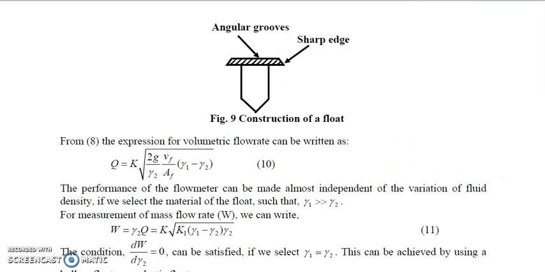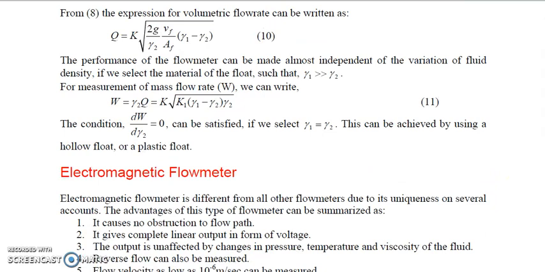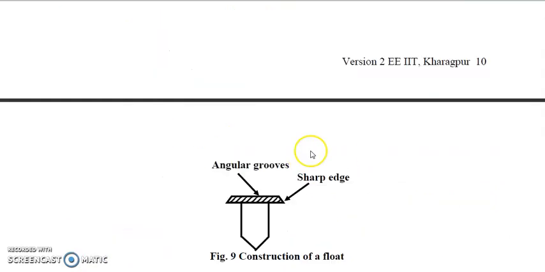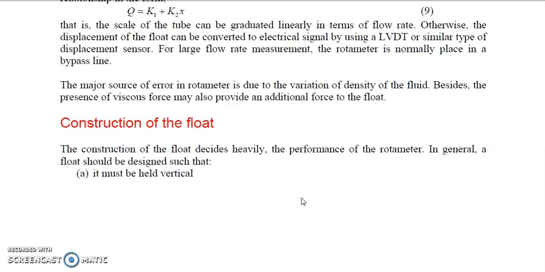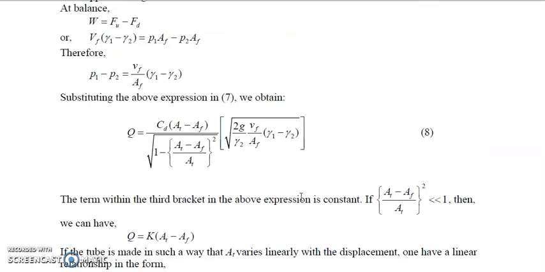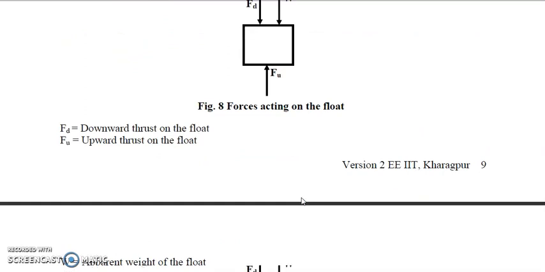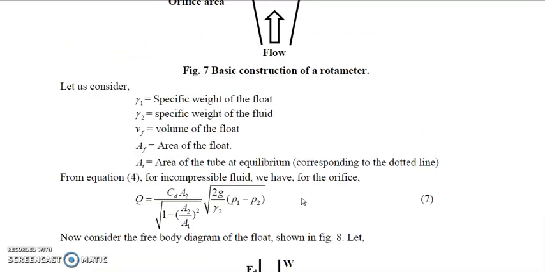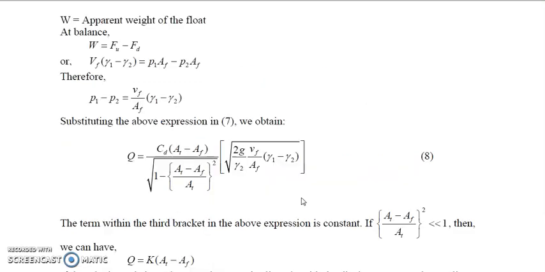Okay, so this is the construction of the float, and the performance of the float will easily be understood by the observer using the vertical scale in the rotameter. And now this is the end of the rotameter. Okay.